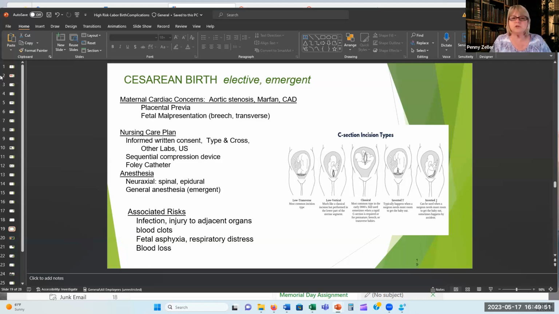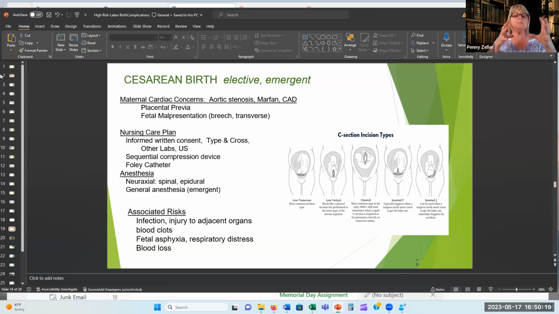And then as a nurse, you need to make sure those things are on the chart before she goes to surgery. Make sure she understands what's going on. If she has questions about the surgery, then she needs to talk to the provider again, or the anesthesia person. You need to put sequential compression devices on her legs, SCDs we call them.